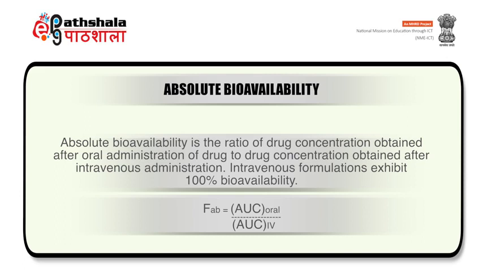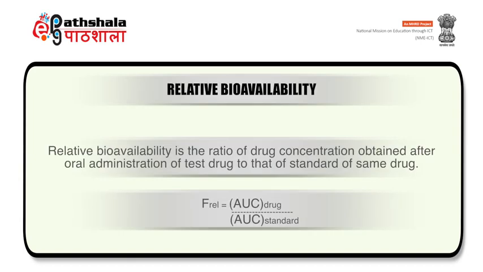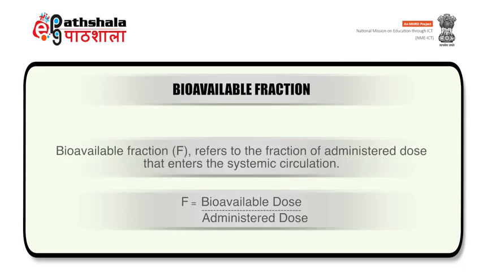The intravenous formulations exhibit 100% bioavailability. Relative bioavailability is the ratio of the drug concentration obtained after oral administration of the test drug to that of a standard of the same drug both administered orally. Bioavailable fraction refers to the fraction of the administered dose that enters the systemic circulation.